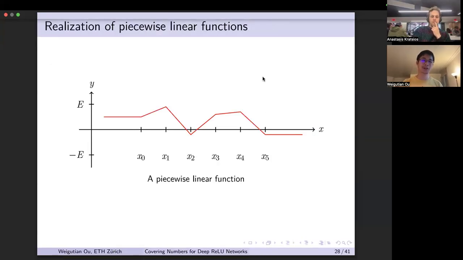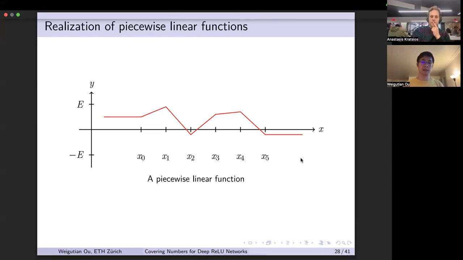And the second tool, you may find very familiar because I suppose you also use it in your paper. I read your paper. So it's the realization of piecewise linear functions. What is the piecewise linear function we consider here? The function in red is piecewise affine on each interval, say from -infinity to x0, from x0 to x1, and so on, from x5 to infinity.